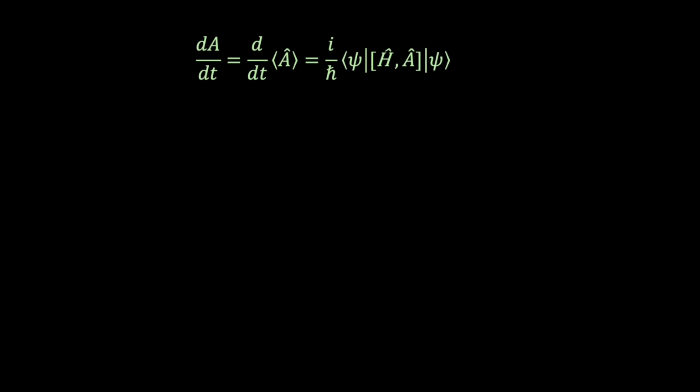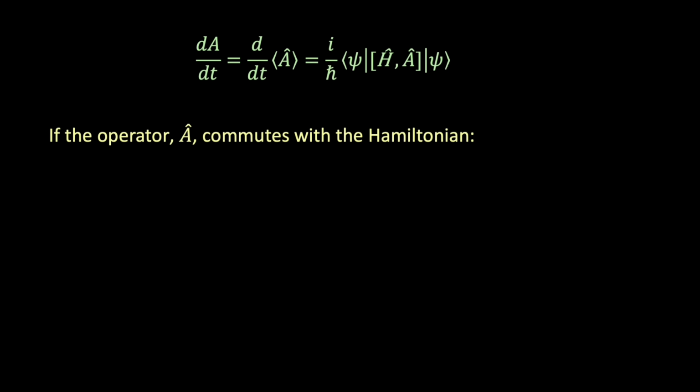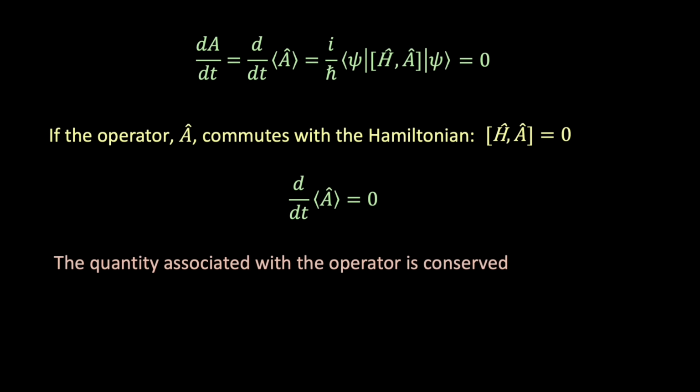This master equation is telling us that if some operator corresponding to some observable commutes with the Hamiltonian, in other words, if the following relation holds, then its expectation value is constant in time. In other words, the quantity associated with the operator is conserved, meaning that it does not change in time. And this is the tool that we will use to hunt for spin inside the Dirac equation.